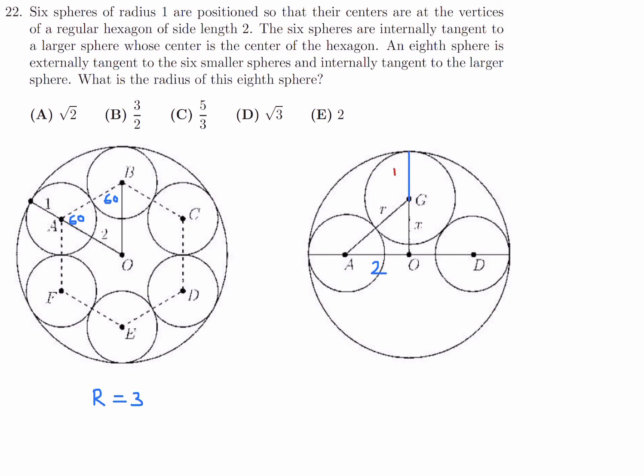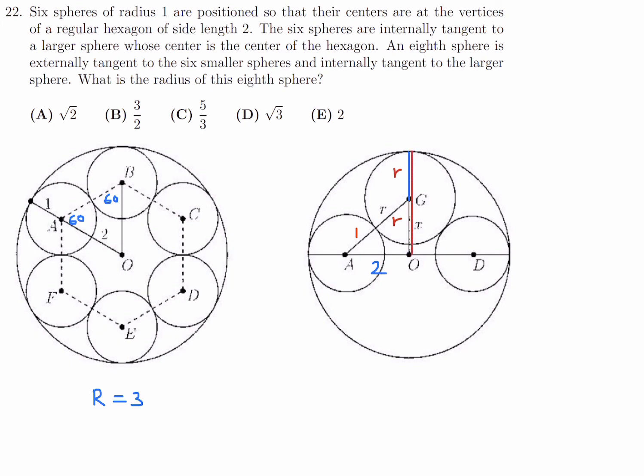So I'll call it small r. So that's small r. And then from here to here is also small r. And then the distance from here to here, well, that's just 1 because that's the radius of the small sphere. The distance from here to here, well, first of all, what is the distance from there to there?